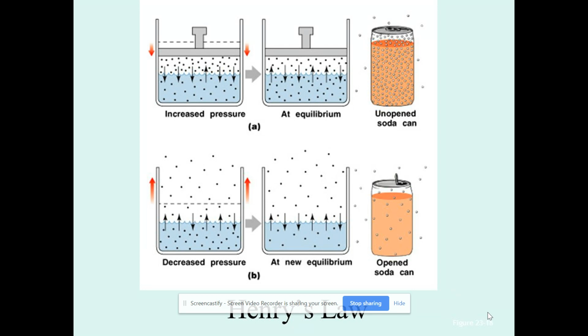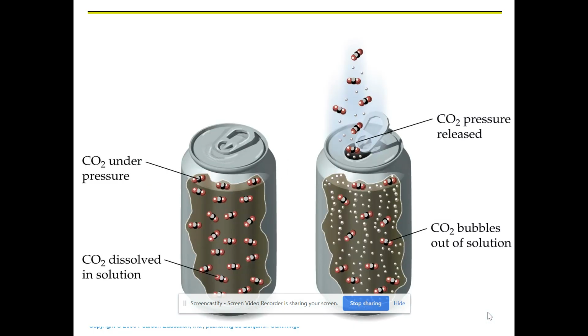And so lots and lots of the carbon dioxide becomes dissolved in the liquid. And then we seal the container. Once you open the container, though, the pressure immediately falls and the gases begin to come out of the liquid. And so if you leave this open soda can long enough, almost all of the gas will leave the liquid and the soda will become very flat.